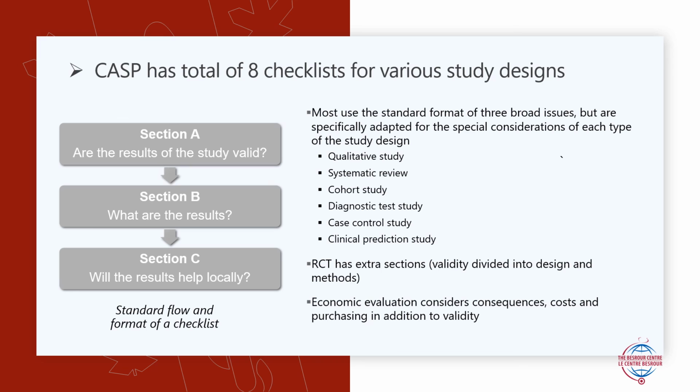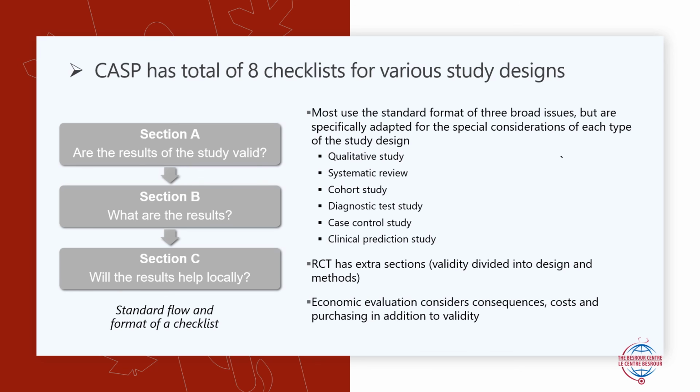In this module, we've gone through two types of studies that have checklists available for critical analysis. We went through the qualitative study checklist, and then we went through the randomized controlled trial study checklist as well. CASP has done a really good job, and they have a total of 8 checklists for various different study designs.